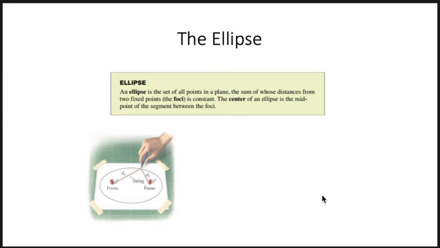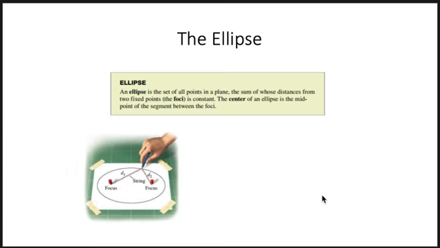I like this illustration from your textbook. It helps to explain what an ellipse actually looks like and how you would draw one. So if you drew two fixed points or held them firm on a piece of paper and attached a string to them, and then use that string to draw an ellipse or an oval, that's what it looks like.